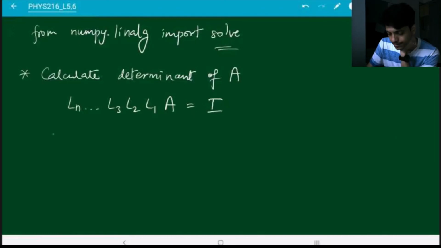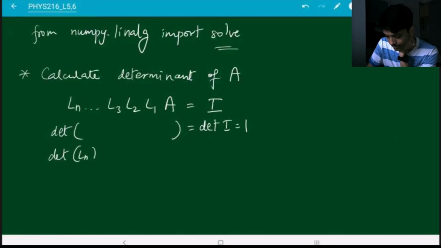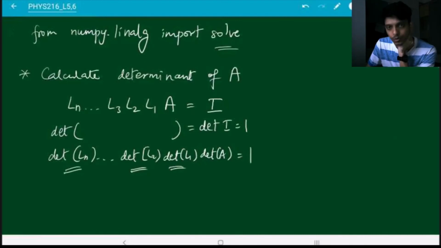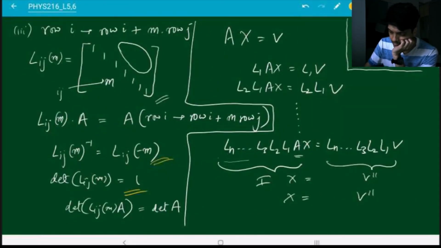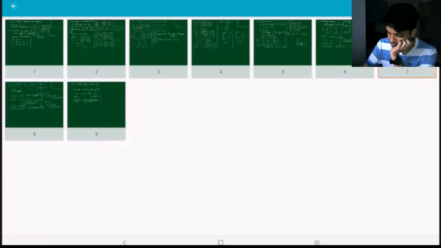Now having done this, you can take the determinant of both sides, and the determinant of identity is just 1. So on the left hand side you have determinant of Ln, ..., determinant of L2, determinant of L1, determinant of A equals 1. Now all of these numbers you know, because previously when we were talking about these matrices we were also concerned about what each of their determinants is.